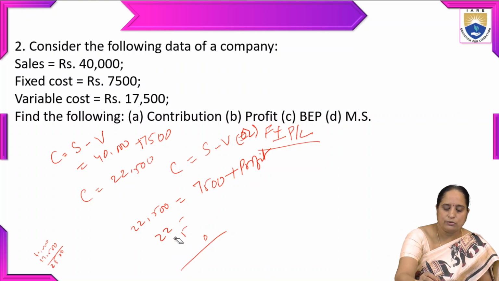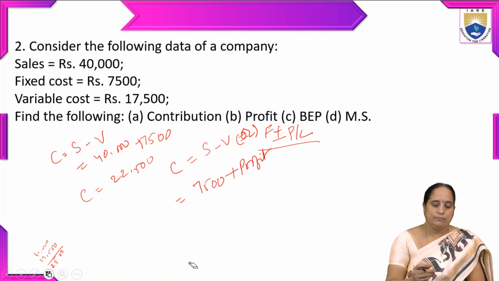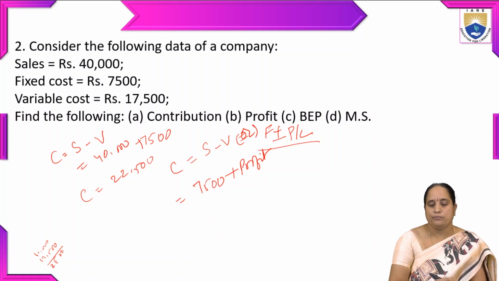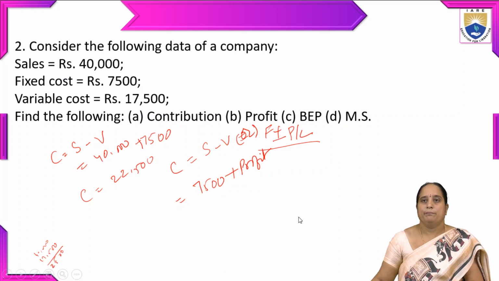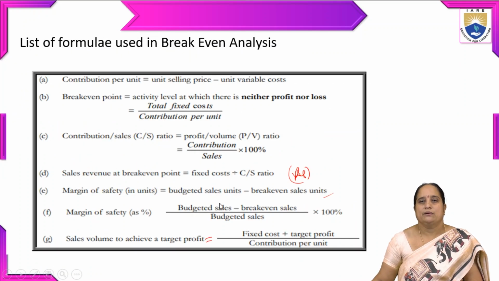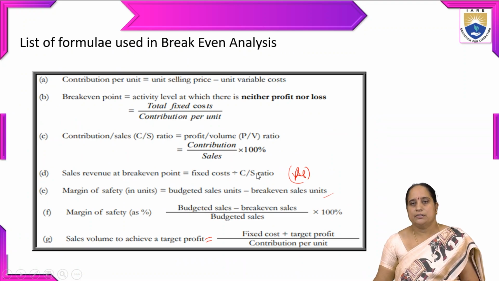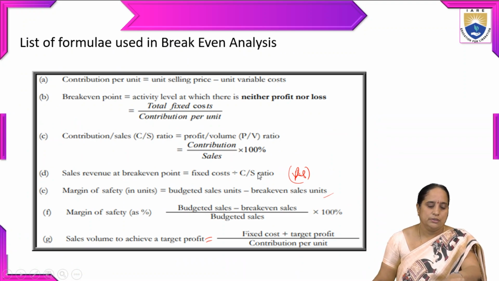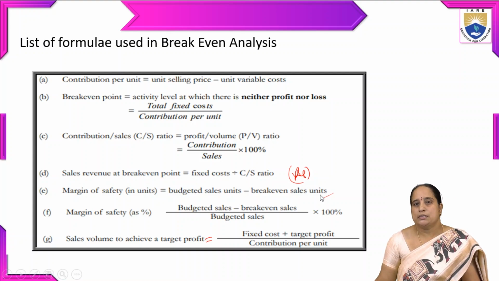Then next is to find out break-even point. As the given problem is in terms of value, we have to find out break-even point using money. We know the contribution ratio. Sales revenue at break-even point is equal to fixed cost divided by contribution by sales ratio.